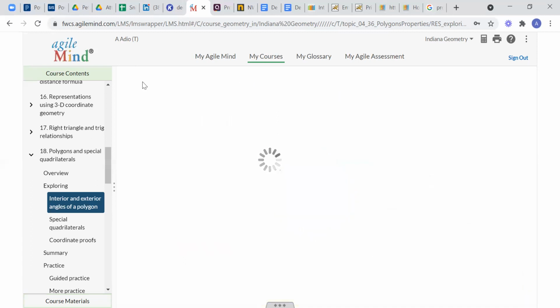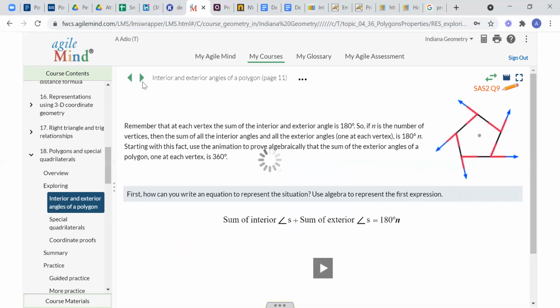And the next, the sum of interior plus the sum of exterior will always be 180 times n. If you don't know the number of sides of a particular polygon, the sum of exterior plus sum of interior is always 180 times n.